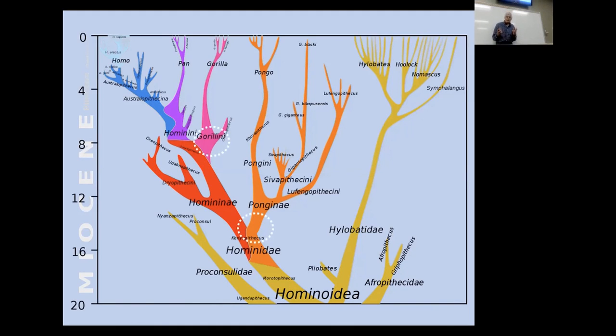Well, one way to start studying it is to look at our closest relatives. And so this is the tree. That first bottom oval is where orangutans broke off. And then the next one is where the gorilla.